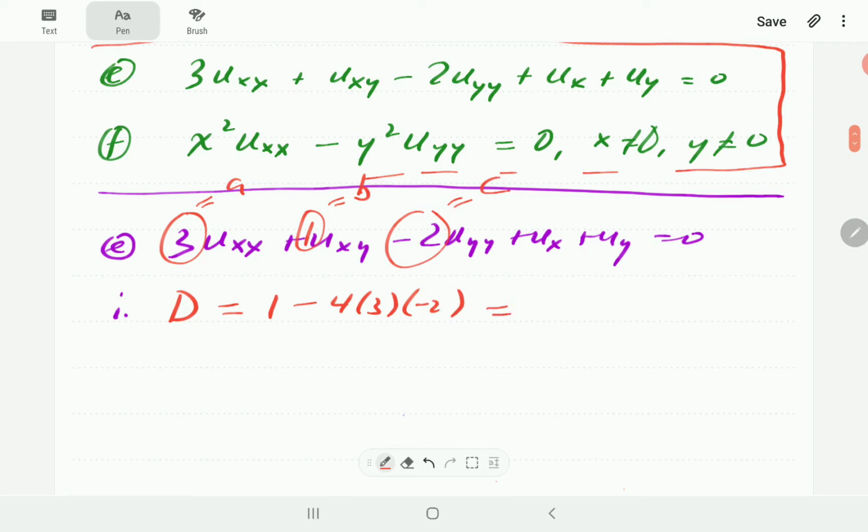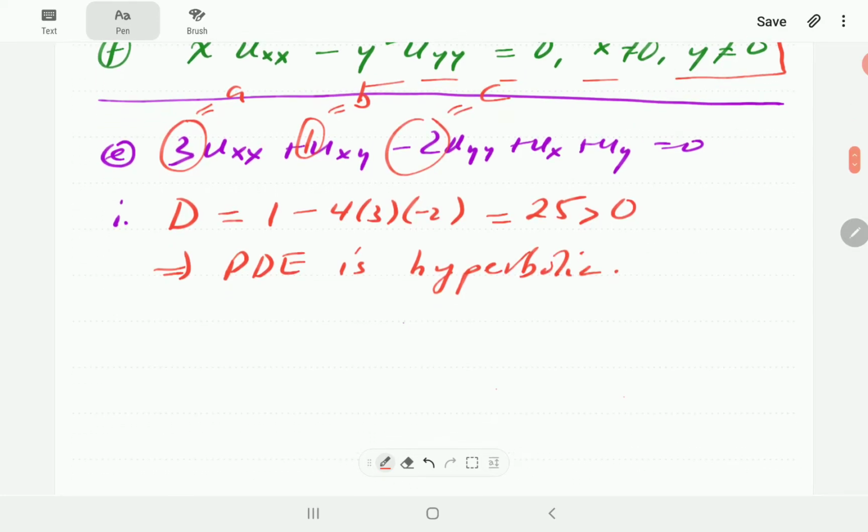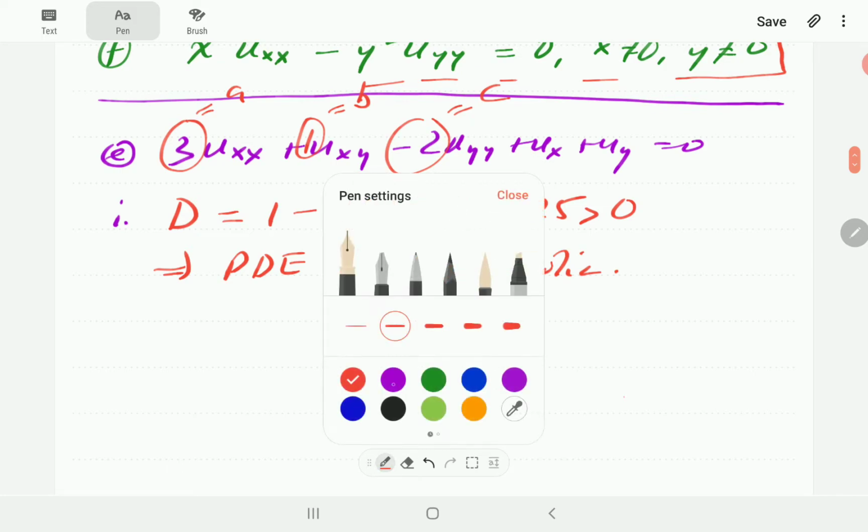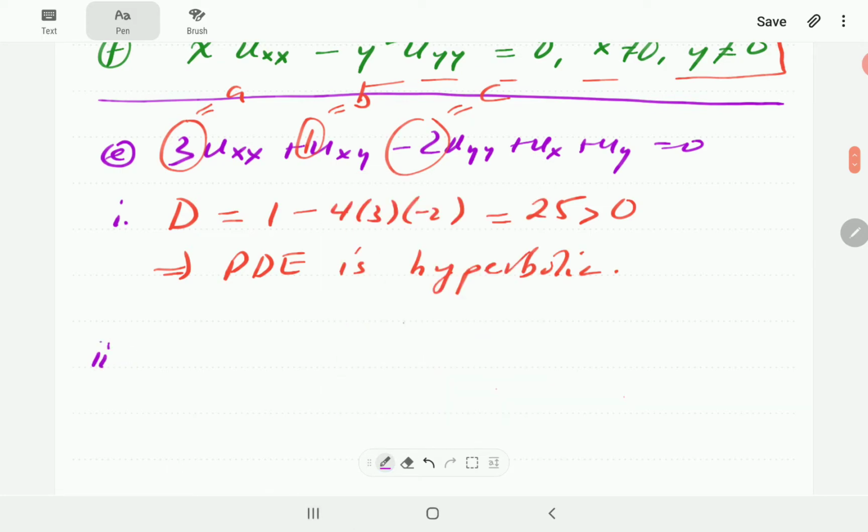This is going to be 12 times 2, which is 24, plus 1, 25. This is bigger than 0. So this is telling us that the PDE is hyperbolic. Okay, so that is everything as far as the classification is concerned.